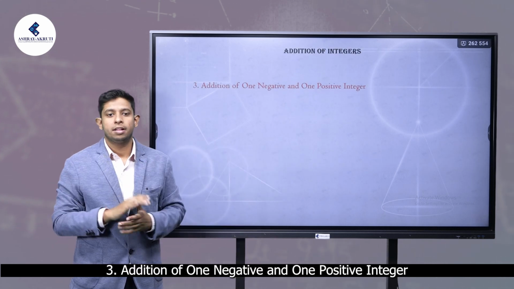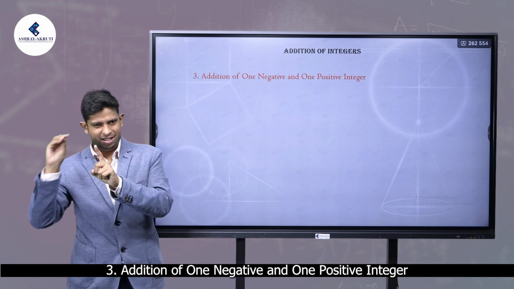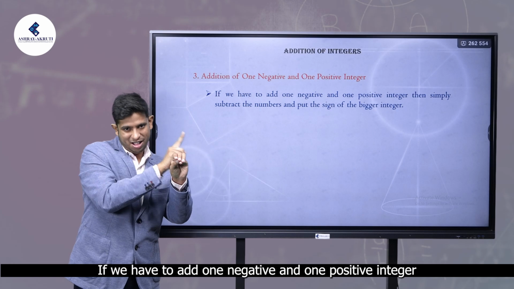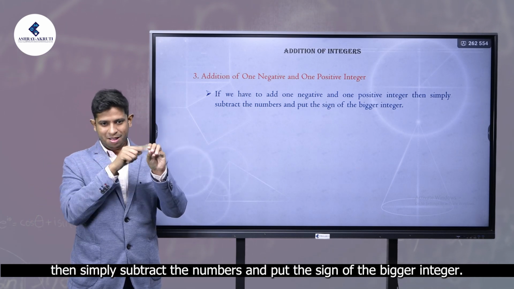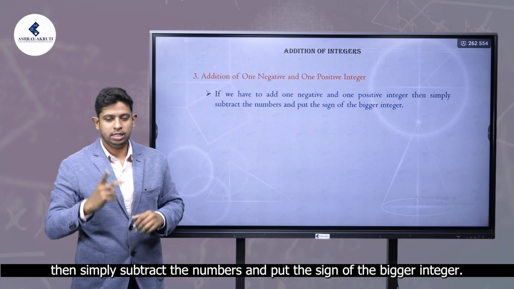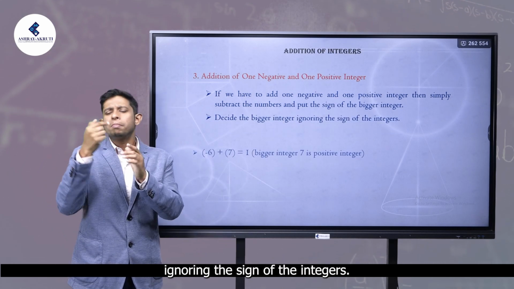Addition of one negative and one positive integer. If we have to add one negative and one positive integer, then simply subtract the numbers and put the sign of the bigger integer. We will decide the bigger integer ignoring the sign of the integers.